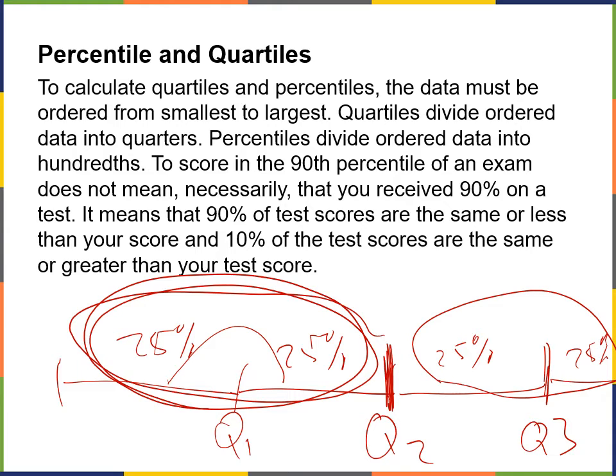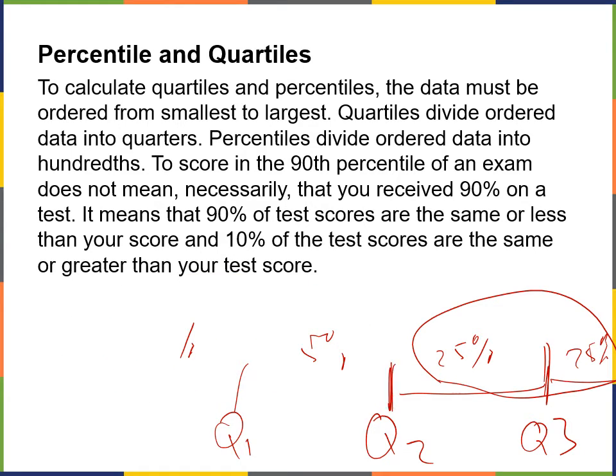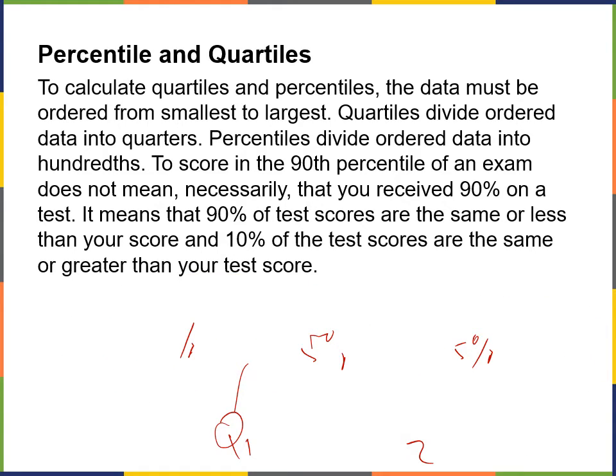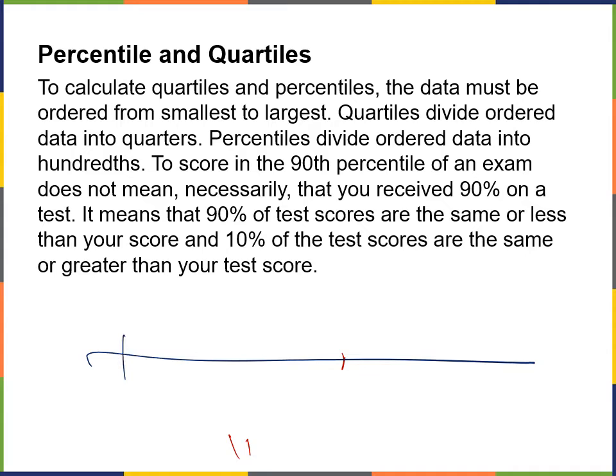Percentiles basically do the same thing, but break your data into 100 different pieces, 100 different groups. If you were to lay your data values out in a string and cut them all up into 100 pieces, where 1% of your data fell into each piece, that's what percentiles do.